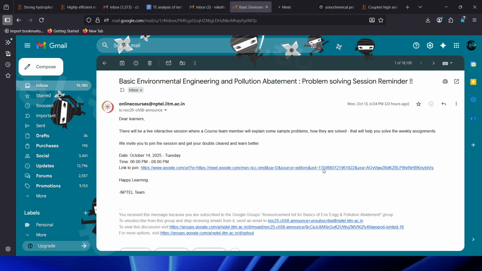So that is an emission inventory. It's like an inventory or a stock of pollutants. So it will tell us how much of pollutant is being generated, from where it is generated, and for what duration it is being generated.